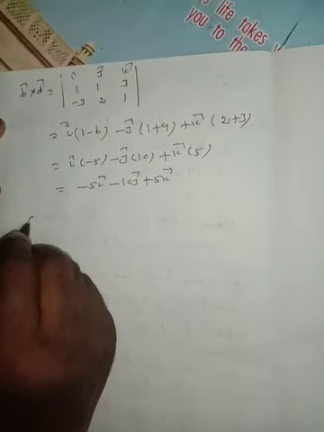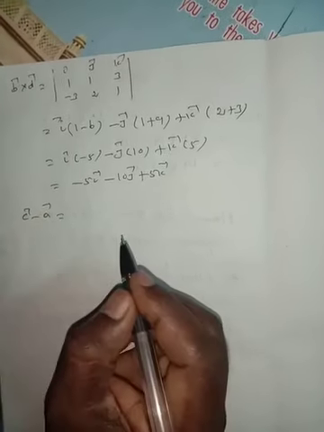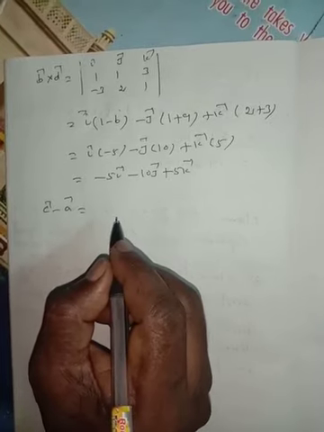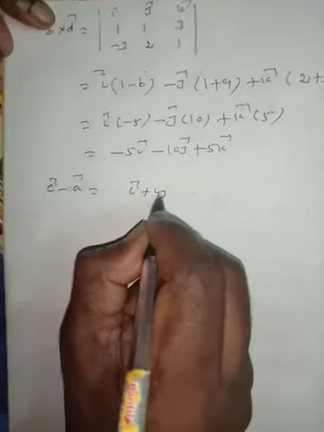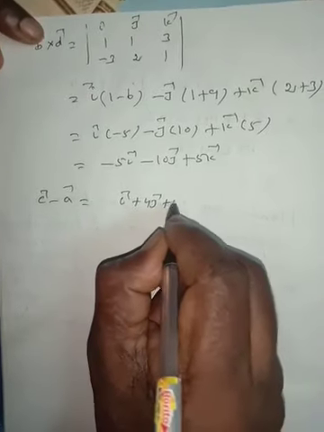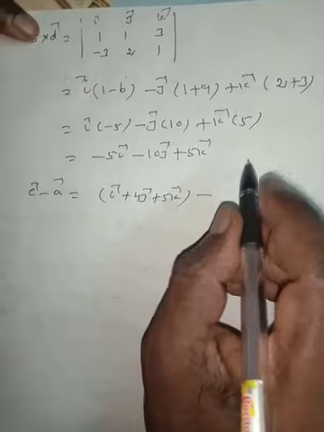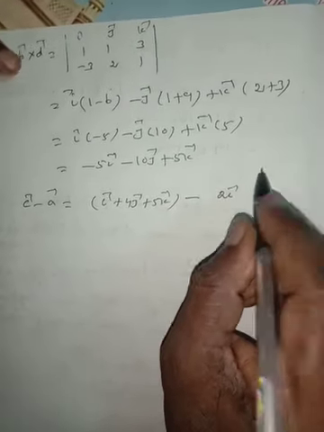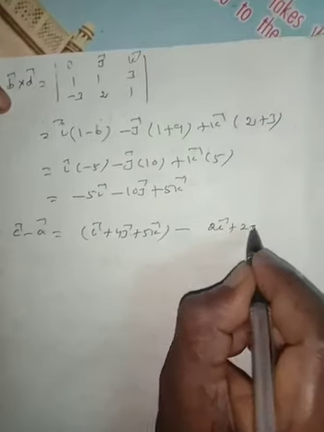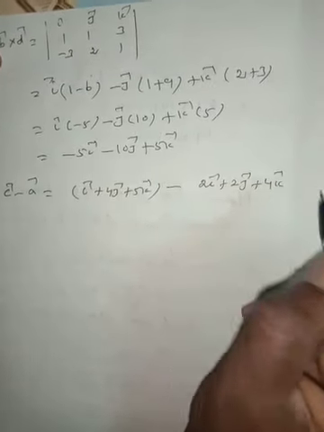Next find c vector minus a vector. c vector is i vector plus 4j vector plus 5k vector, minus a vector, which is 2i vector plus 2j vector plus 4k vector.